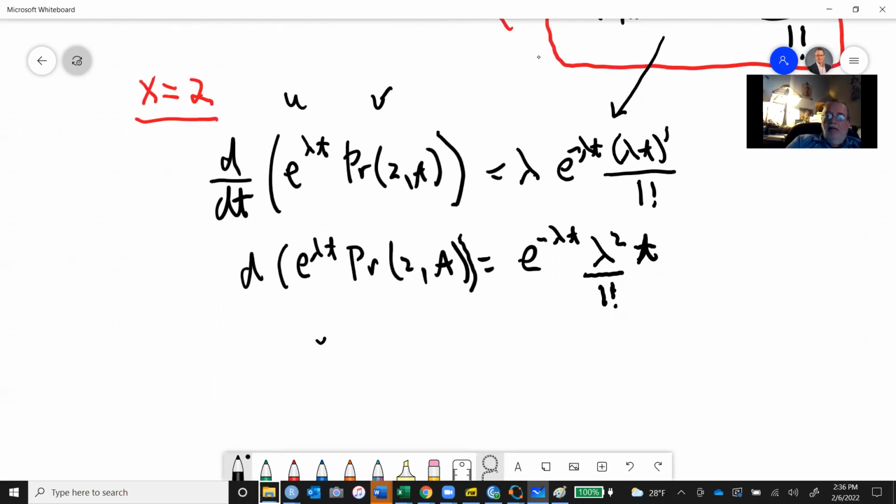Integrate both sides. We have e to the lambda t times the probability equals this. Oh, I forgot to put this in so that this goes out. Is that right?